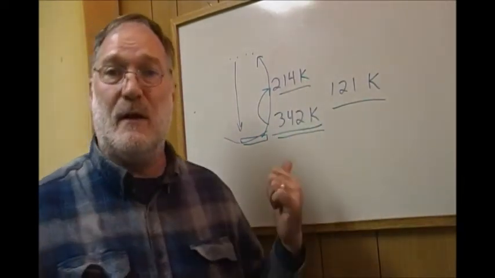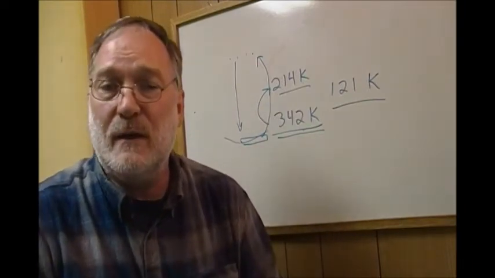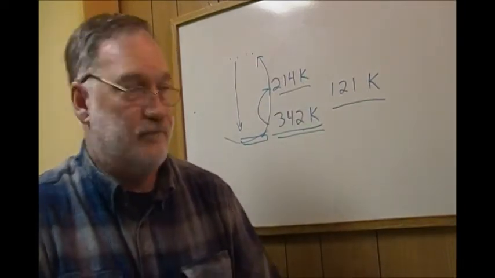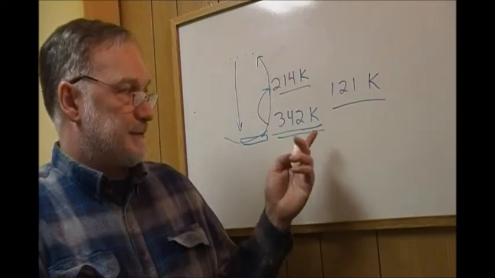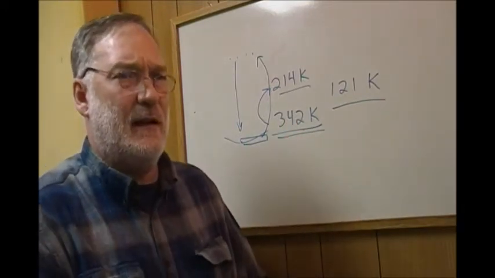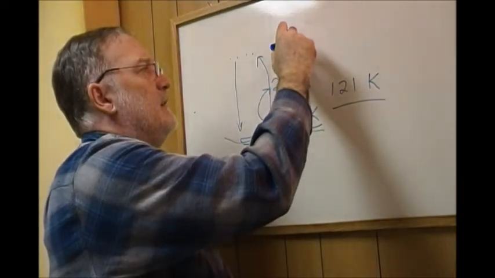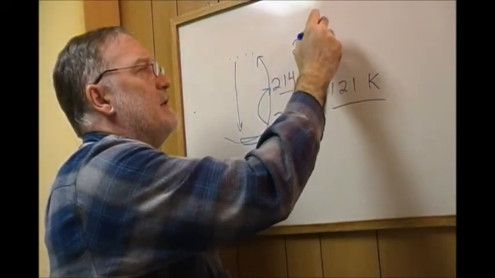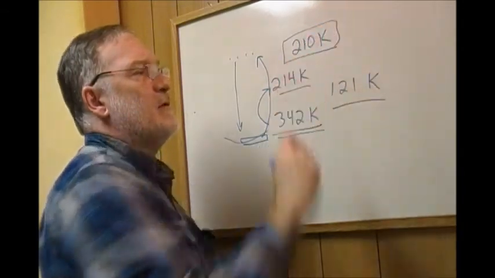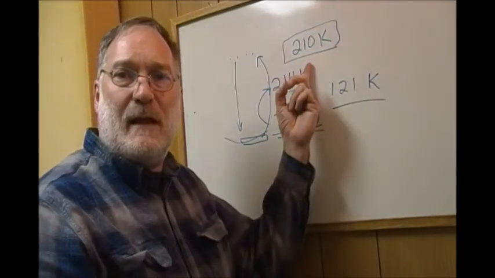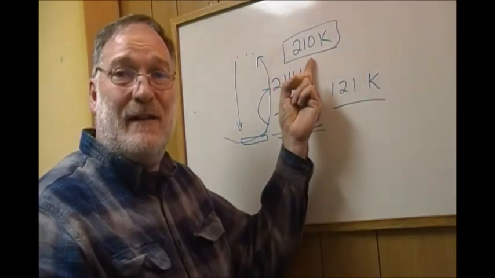And remember, Mars's atmosphere is almost 100% carbon dioxide. If you do average radiation, you get the wrong black body temperature, but it's 210.